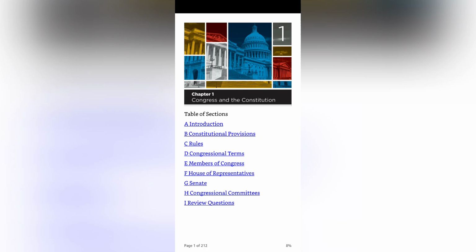B. Constitutional Provisions. The Constitution, in Article 1, extensively lays out the powers of Congress. Central to the congressional role is the grant of all legislative powers and the power of the purse.